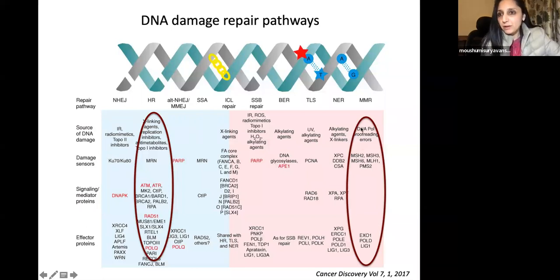For mismatch repair, we have immunotherapy, and for homologous recombinant repair, the approved drug is the PARP inhibitors. And this homologous recombinant repair is a very potent repair pathway, and it is very robust compared to the other pathways. So this is a very important repair pathway.